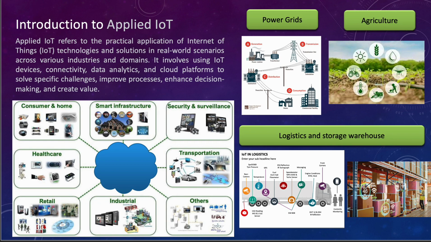If you are to apply an IoT solution, an IoT system, it should either solve a specific challenge or a problem, or improve the existing process, which could be an M2M system, which could be an OT system, right? It could be anything, but end of the day it is IoT.